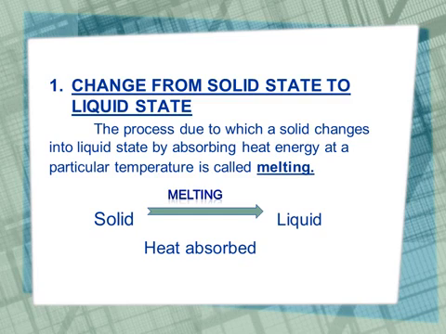After some time, a point is reached when they gain sufficient energy to overcome the force of attraction between them. We know that there are very strong forces of attraction between the molecules of solid. So when we give them heat energy, at a point they gain sufficient energy to break through that force of attraction and they are free to move. Thus they convert into liquid. And the process is called melting.